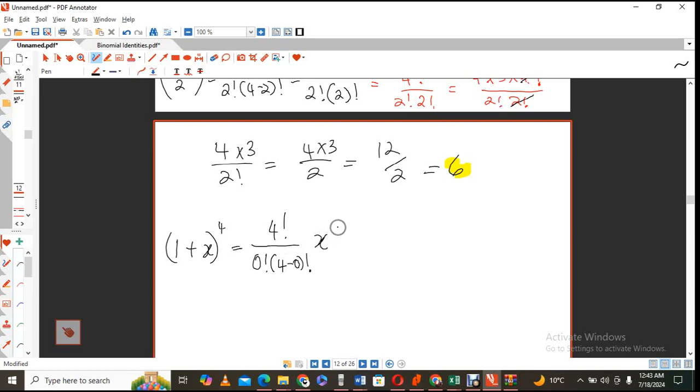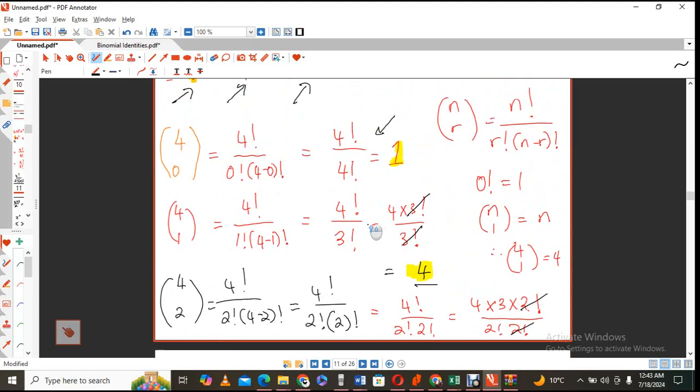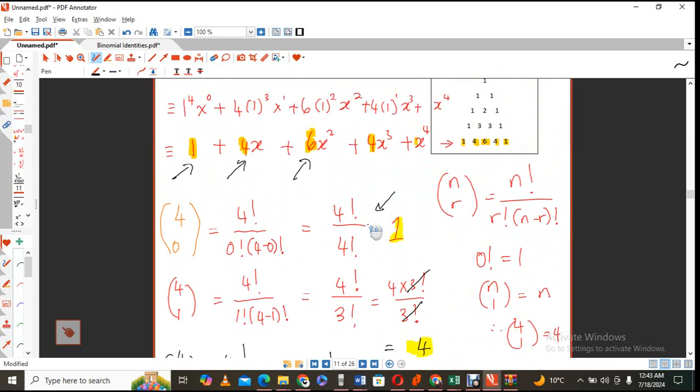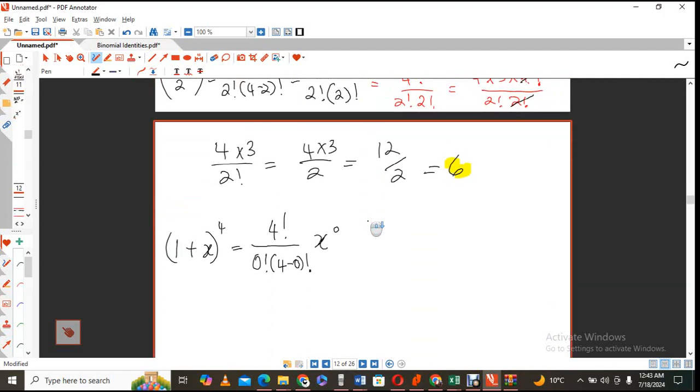Remember that it's X to the power of 0, and this whole thing over here is obviously raised to the power of 4, okay? But there's no need for me to keep on rewriting that whole thing, right? For me to realize that, of course, it's just going to generate that.